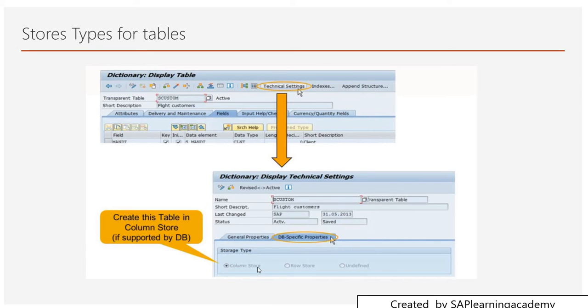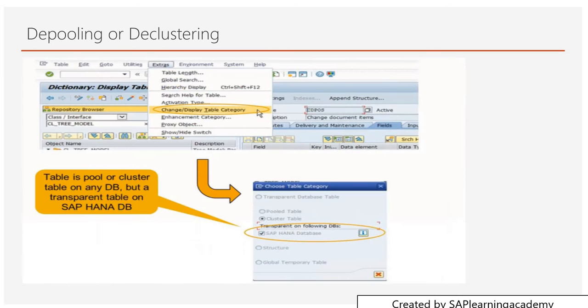So this column store is a new feature that has been added when you have SAP HANA as a database, and you can always change the table, whether you want to choose row store or column store.